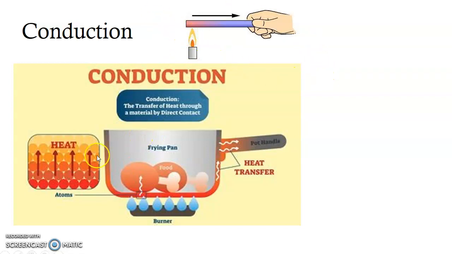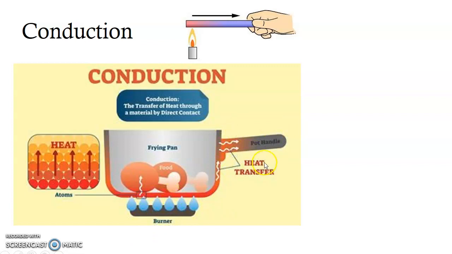So this right here is a picture of a frying pan, right? In this frying pan, there's food being cooked. It's a very strange looking frying pan, I give you that, but there is some conduction taking place that I want to focus on. So conduction, two things are touching, and because they're touching, the heat is transferred along it.